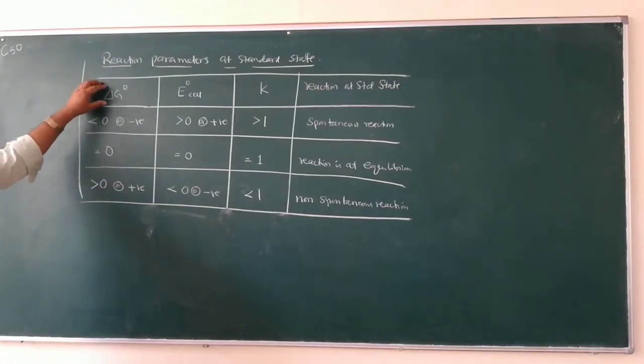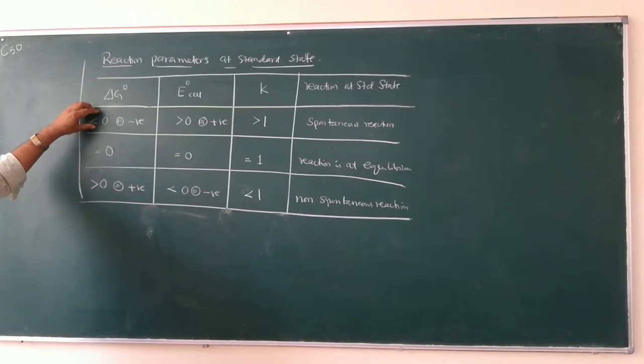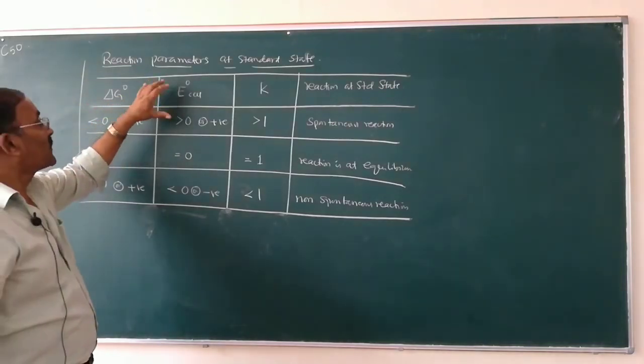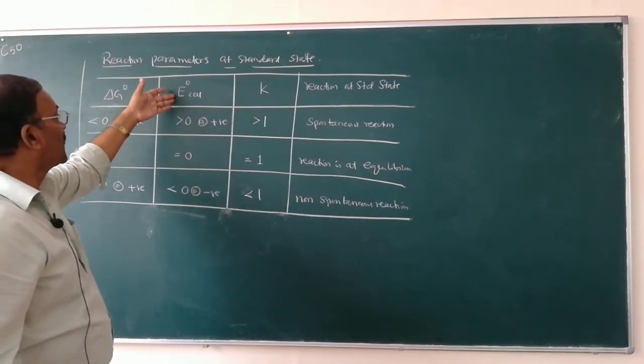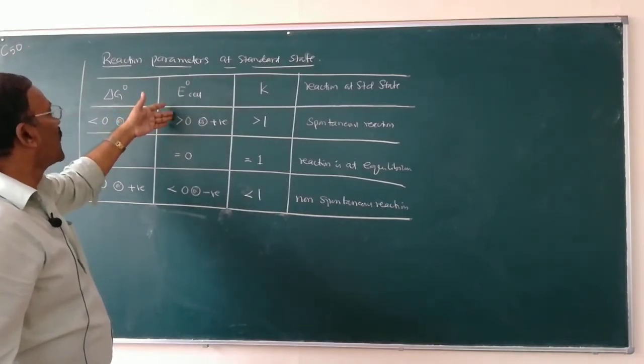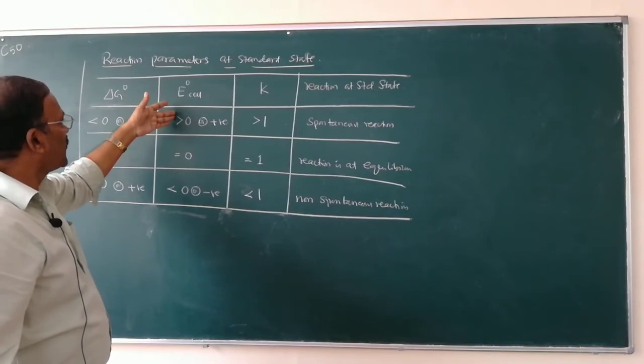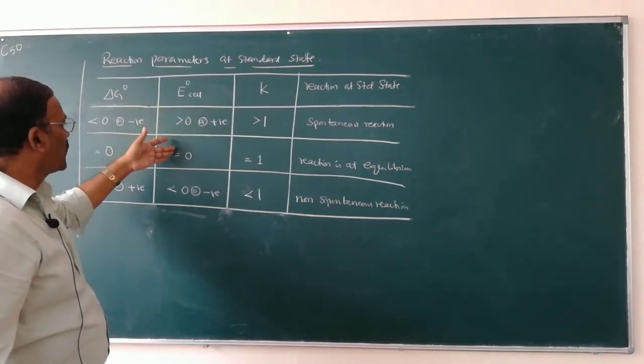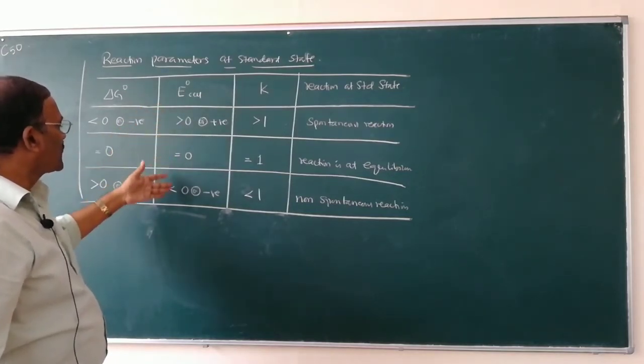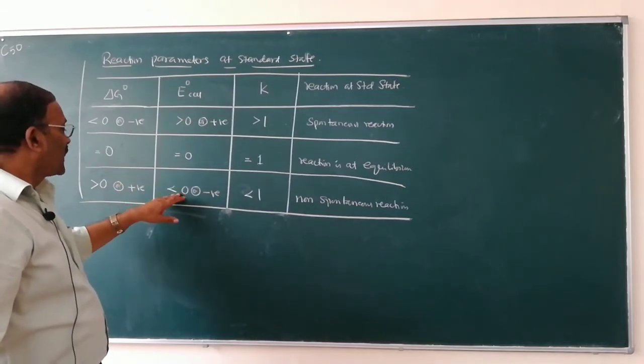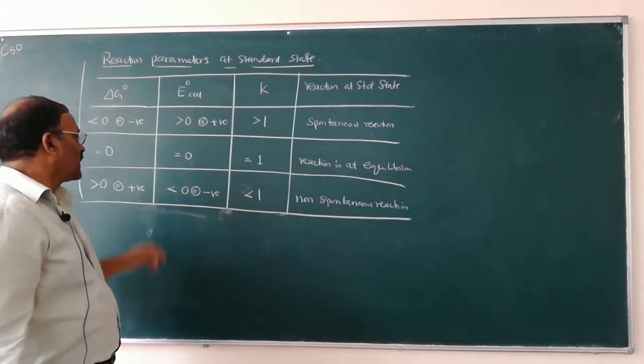If delta G naught, free energy change, is negative, the reaction is always spontaneous. If E naught of cell, EMF of cell, is greater than 0, it is a spontaneous process. Equal to 0, the reaction is at equilibrium. Less than 0, the reaction is not spontaneous.